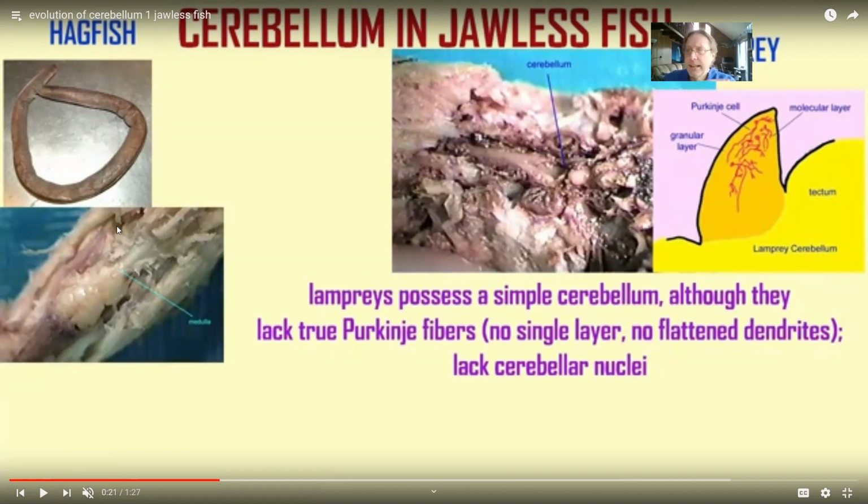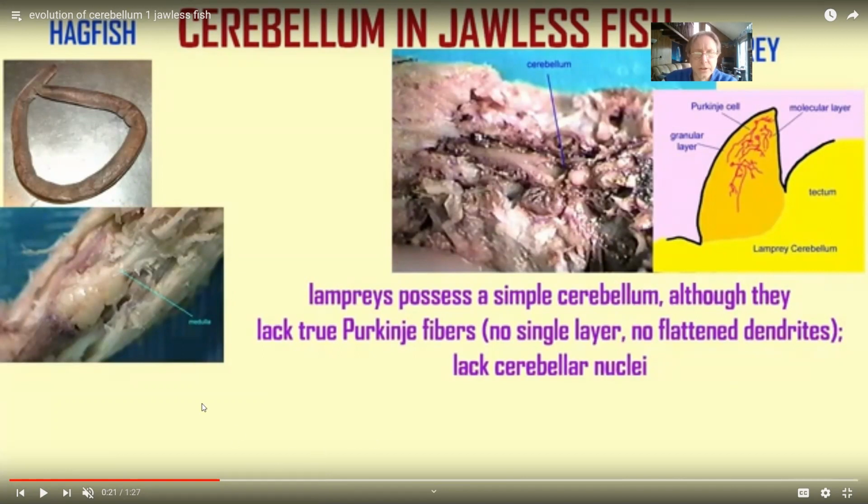In the early classification, hagfish were thought to be a little more primitive than lampreys, which then would make sense if they didn't have a cerebellum and lampreys did. Modern classification tends to put them as equivalent branches of the vertebrate family tree, which would then imply that if a lamprey has a cerebellum, the hagfish ancestors must have had one and then maybe lost it.